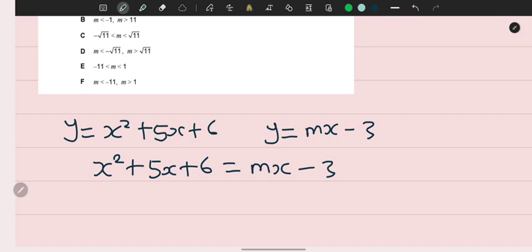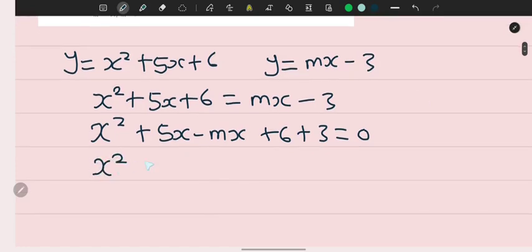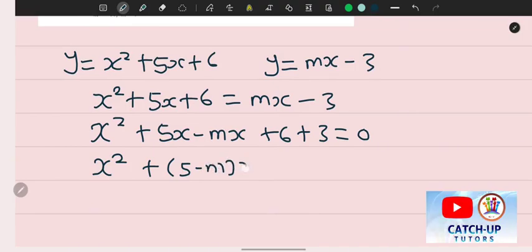That means you have to make the right hand side 0, and for that reason this becomes x squared plus 5x minus mx plus 6 plus 3 equals 0. In simplest form, this is x squared plus (5 minus m)x plus 9 equals 0. So this is a quadratic equation here.